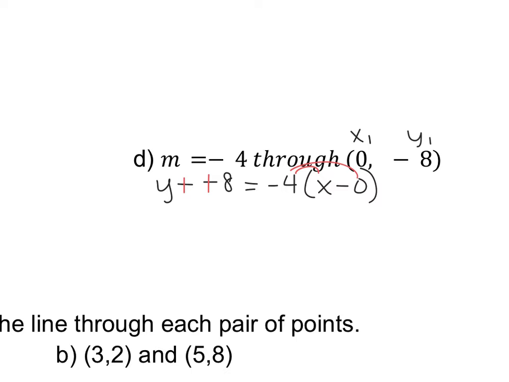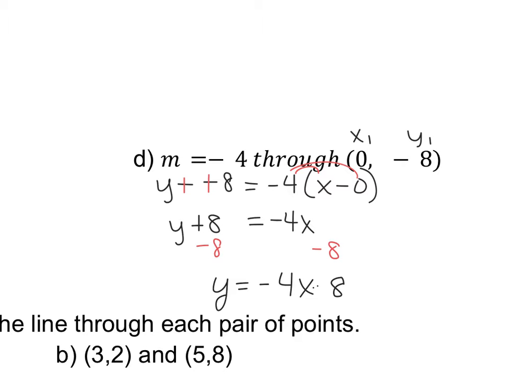Going to distribute. So that gives me negative 4x. And what's negative 4 times 0? Well, that's just 0. So you don't have to write anything. And then I have y plus 8. So I need to subtract 8 to get the y by itself. So y is negative 4x minus 8.